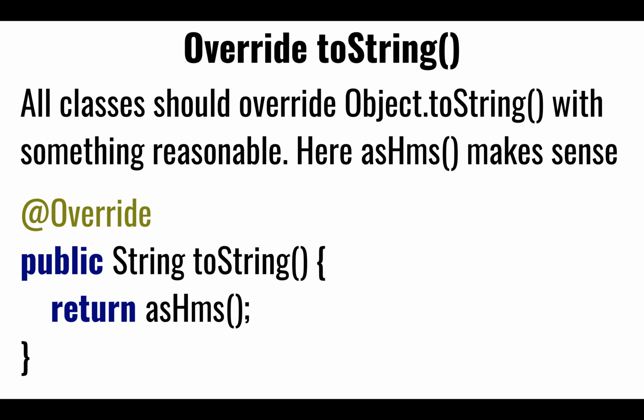Right. So again, toString is defined on the object class, and so we're just inheriting it because we're an object. So for instance, if I somewhere say system.out.println duration 1, it'll call toString. It's part of the Java framework that whenever an instance needs to be represented as a string, it'll call toString.